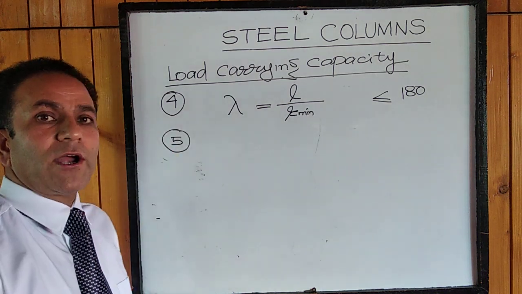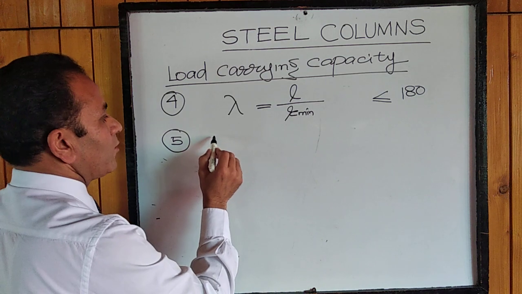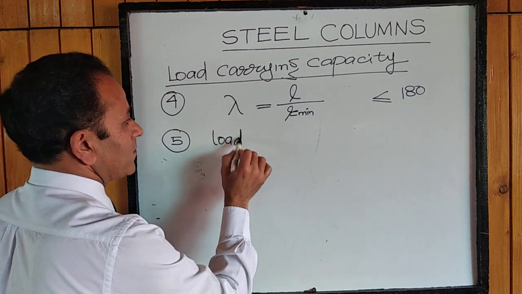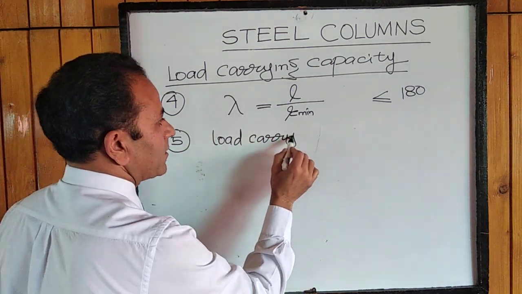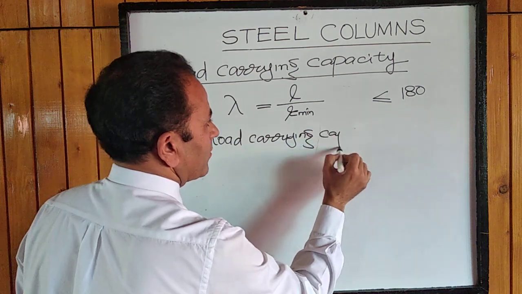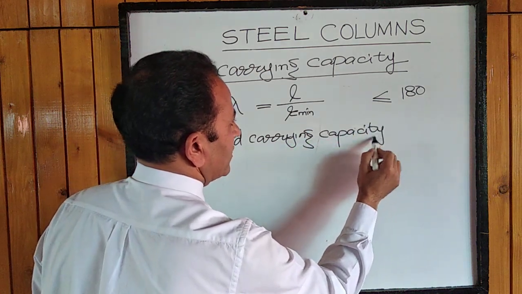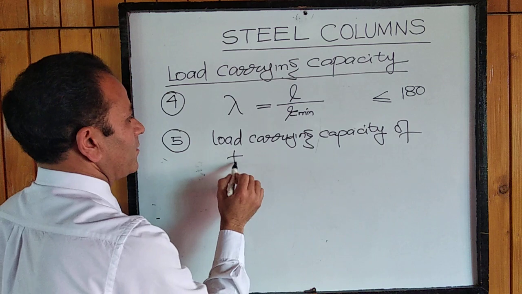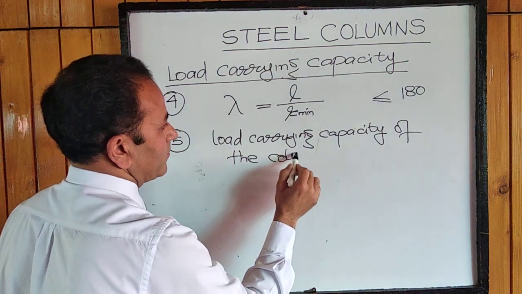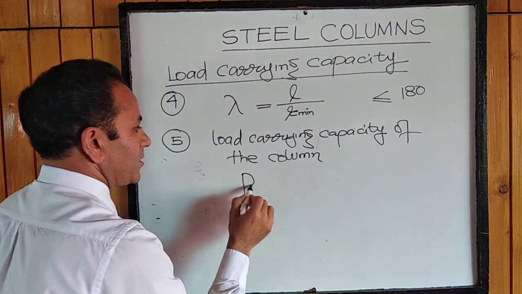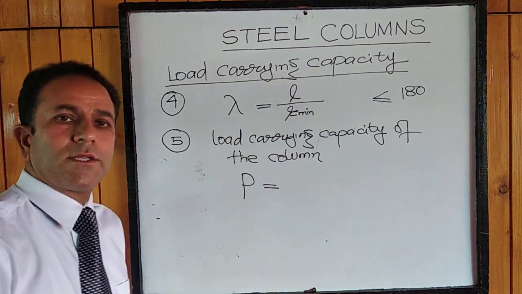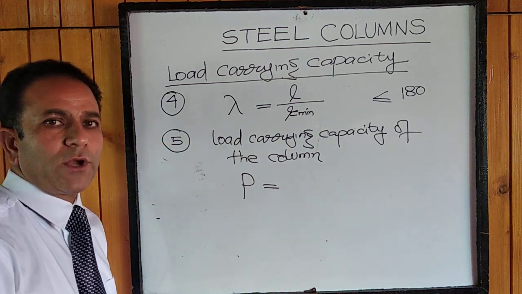Then we have to ultimately find out the load carrying capacity. So the load carrying capacity, the safe load the column will carry, P, shall be equal to stress into area.